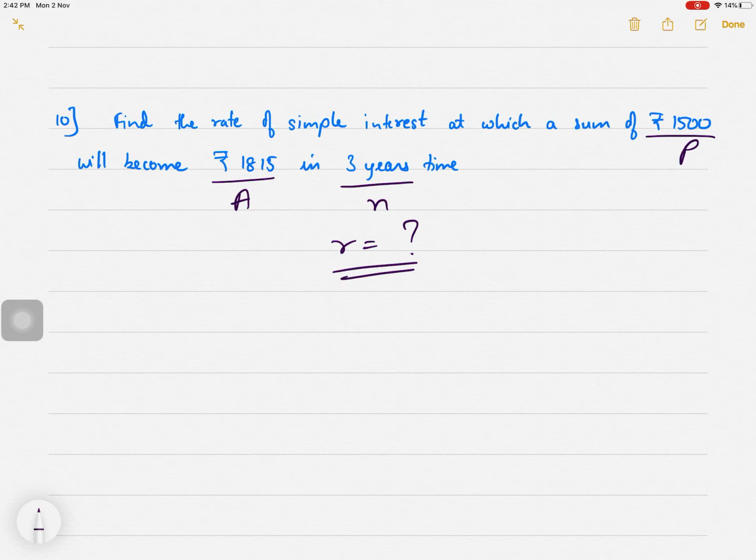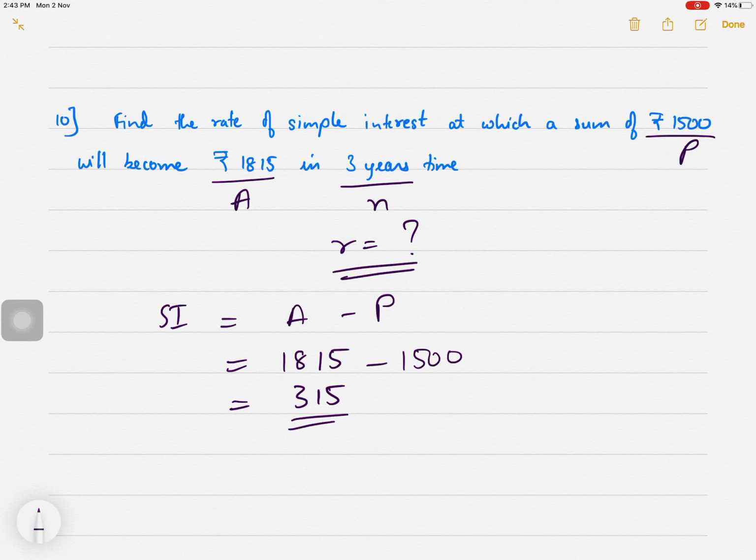So amount is given, P is given. That means simple interest is equal to A minus P, right? 1815 minus 1500 comes to 315, correct? So interest is 315.